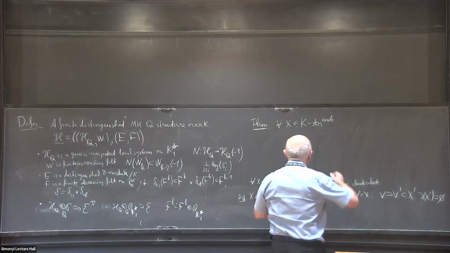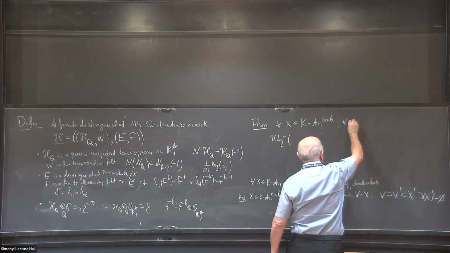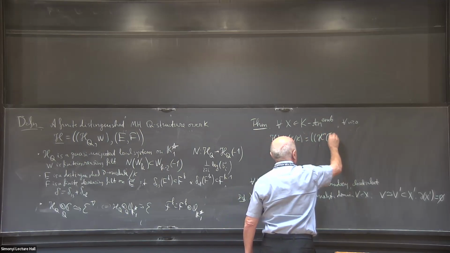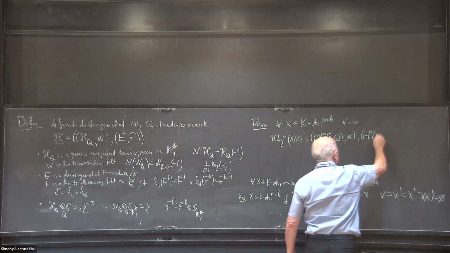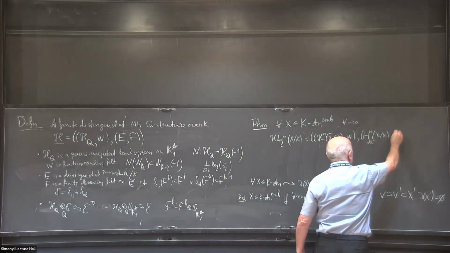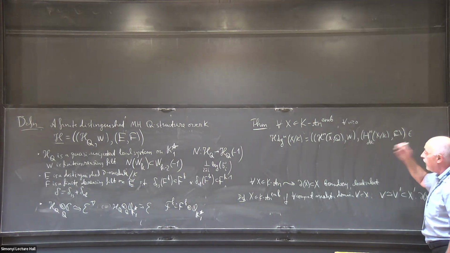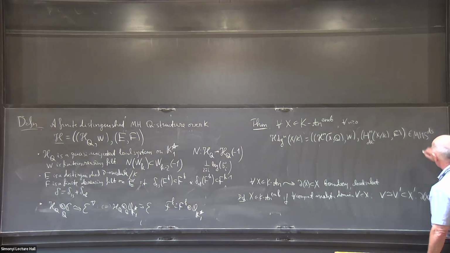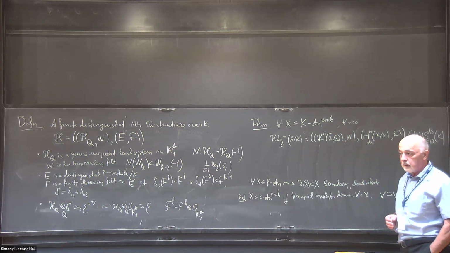Now, for any such X, one can provide the following tuple, and one can define a mixed Hodge structure over K, a distinguished mixed Hodge structure, and so on. And this correspondence is functorial in X. It's a full subcategory of the analytic spaces.